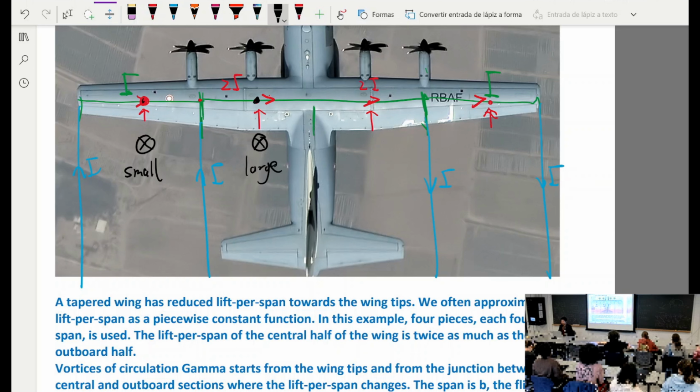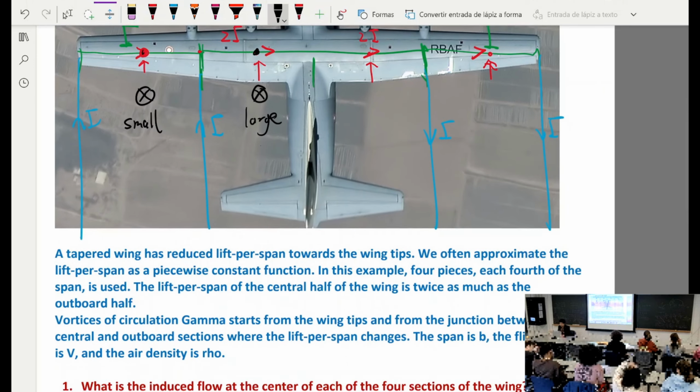Actually, it's more than twice as large as the outboard section. Maybe not all of you got the answer quantitatively, but I think all of you got the downward flow in the inboard section being more than twice as large. All right?